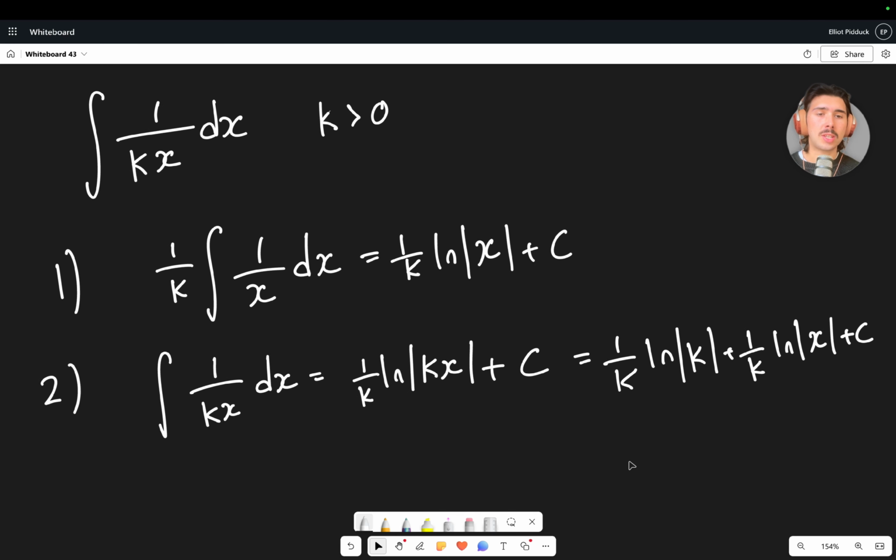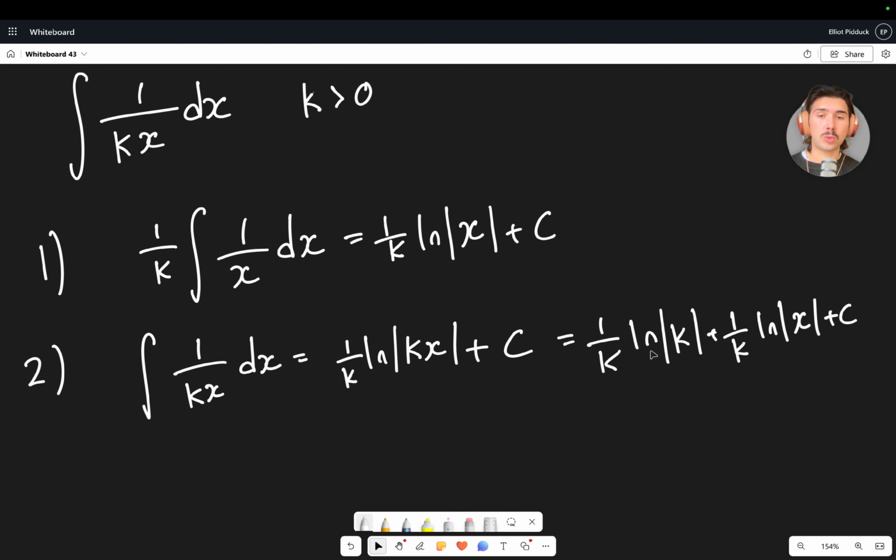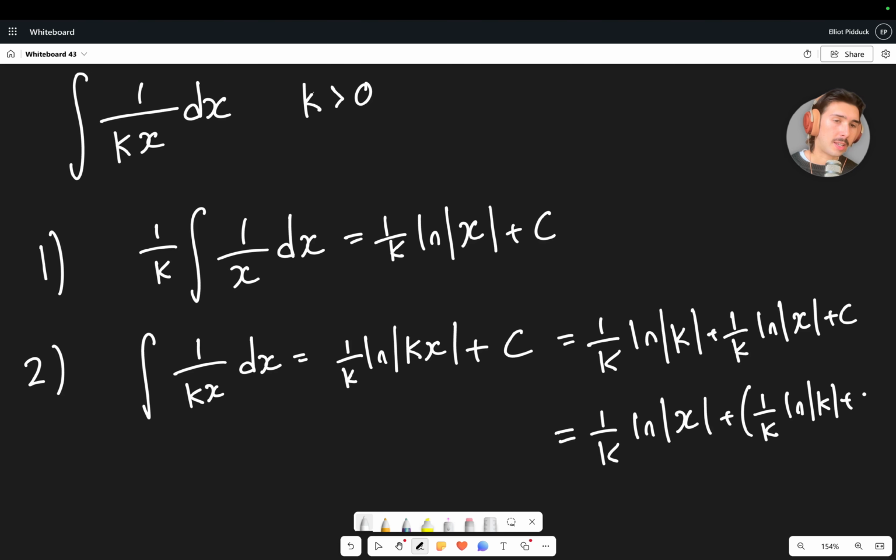And actually you can see 1 over k times the natural log of the absolute value of k is a constant in and of itself. So this really simplifies to 1 over k times ln modulus of x plus, and I'm going to put this in brackets, which is a stylistic decision, and then the c.